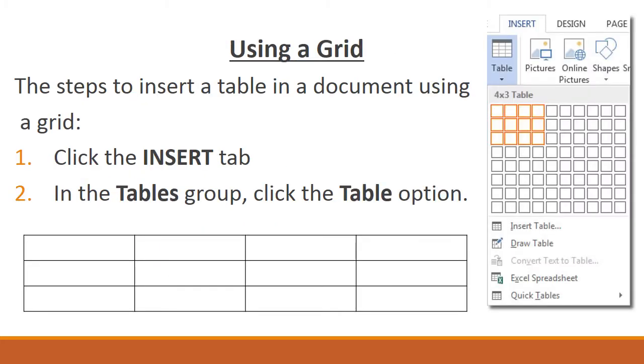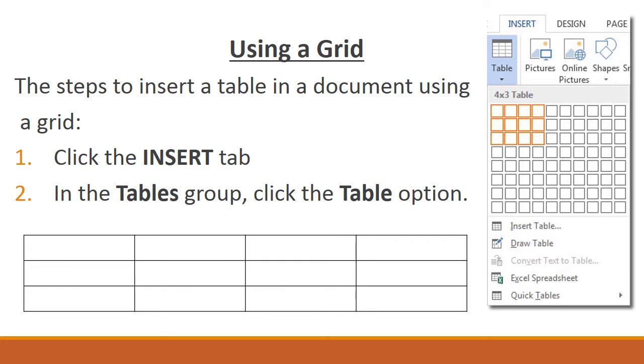Using a grid method. The steps to insert a table in a document using a grid: click the Insert tab. In the Tables group, click the Table option. Now, when you click the Table option in the Tables group, you can see these options. For example, 4 multiplied by 3 table is written below the option. That means a grid of 4 columns and 3 rows is selected.